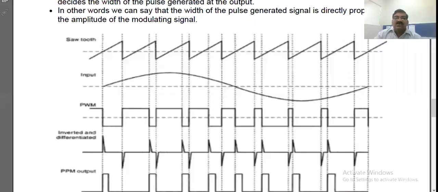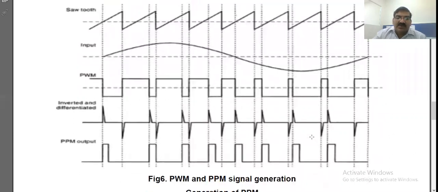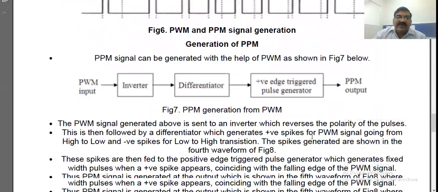Okay. So here we discussed pulse width modulation and pulse position modulation, how it is done, and the waveforms. We also discussed the block diagram for how pulse width modulation is generated.